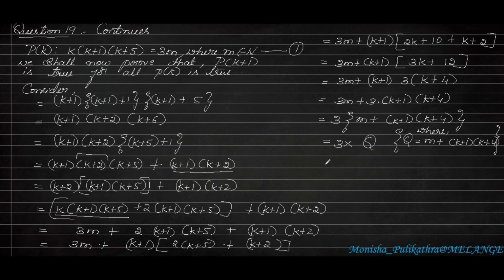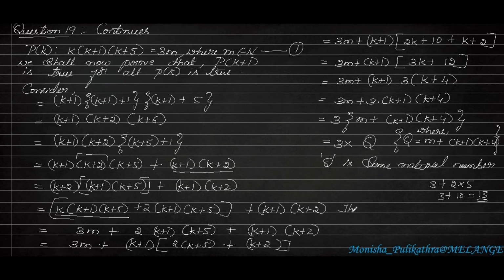And this q is some natural number. You can take it as any natural number. For example, if m is a multiple of 3, let this be 3, plus 1 plus, let k be 1, so 1 plus 1 is 2 into 1 plus 4 is 5. 5 2s are 10, 10 plus 3 is 13. It is a natural number, right? So whatever number you substitute here, it will turn out to be a natural number itself. So q is some natural number.